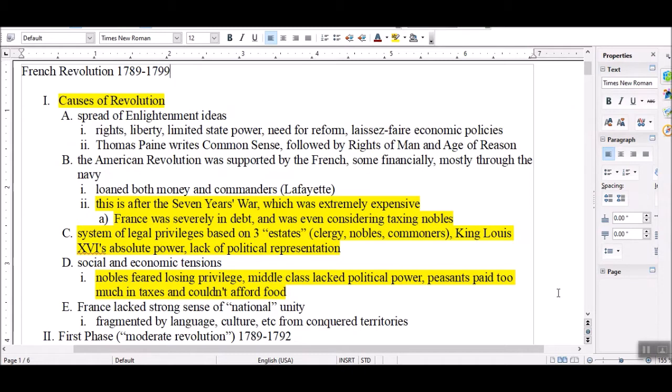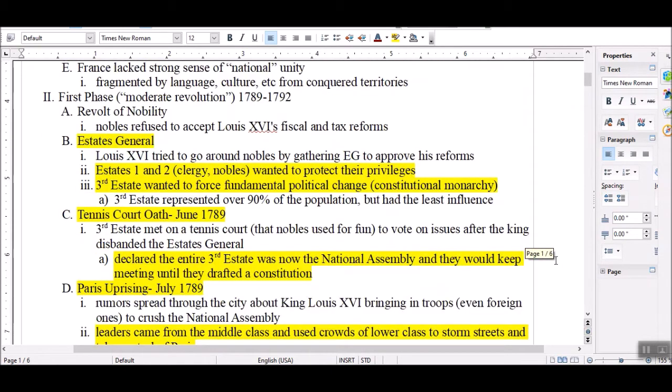The fact that the king has absolute power and limited political representation for a number of people. And then the third thing would be the nobility's fear of losing their privilege, the middle class not having political power, and the peasantry starving to death because taxes were so high. It's a lot more than 3 things, but that's how we're going to sum it up. A little bit shorter, hopefully.